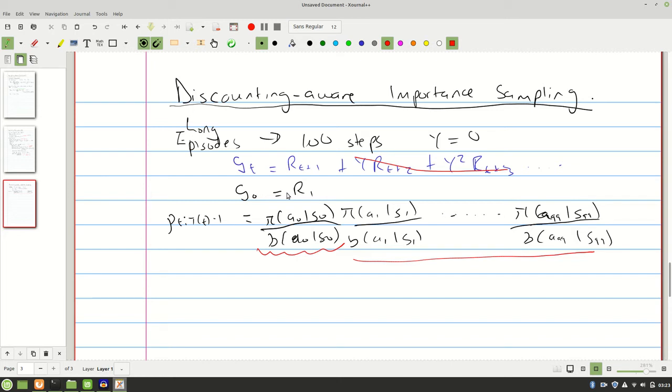Because when we're looking at the reward for G0, we only care about the action and state that we take in the first time step. Everything else here, we don't actually care about when we're computing G0. But because we include these terms in our importance sampling, this can add to the variance, and this is actually a problem.